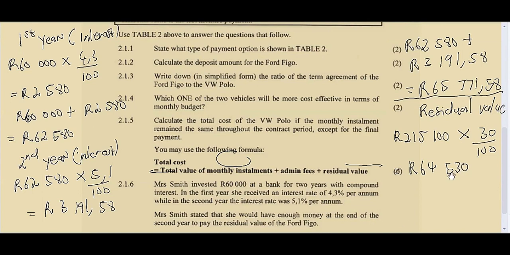Now, if we look at the residual value of the Ford Figo and then look at the amount that she would accumulate from investing that 60,000 for 2 years, we can say that her statement is definitely correct because she accumulates 65,771.58 while her residual value is only just 64,530. So that means, in conclusion, we can say, therefore, Mrs. Smith is correct.